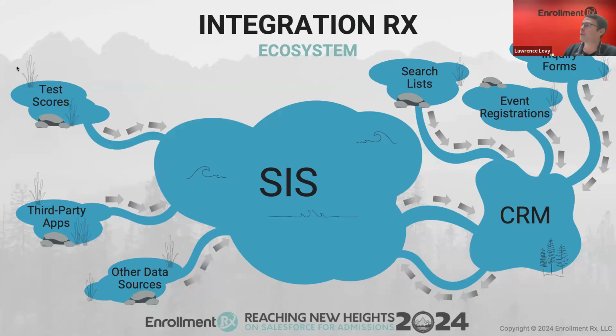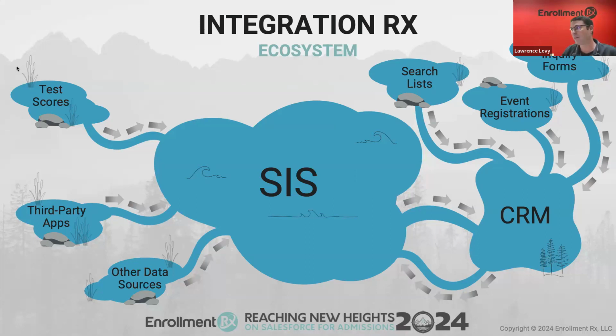just for emphasis, right? A client might also be using on the right-hand side that CRM tool or CRM type technology where they could be collecting inquiries or maybe managing events and maybe empowering marketing communications and those kinds of drip campaigns as well, and collecting that kind of information, maybe even collecting applications in their CRM system as well. So while this image is showing the third-party app on the left, the common app may be feeding into the SIS.